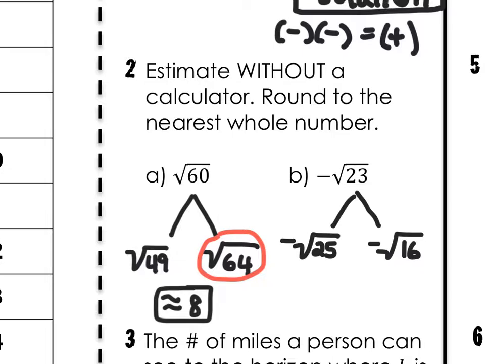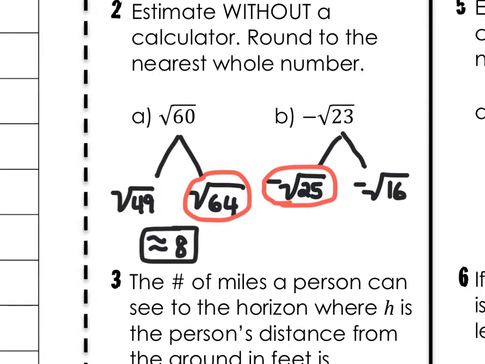And I would just say ignore the radical signs for now and look at just the number inside the symbol. And 23 is closer to 25. So then I'm going to circle that in red. And that means negative radical 23 is about negative 5.